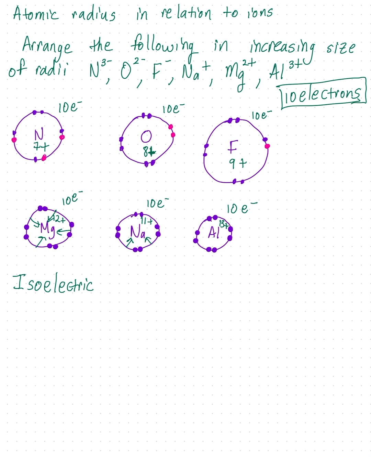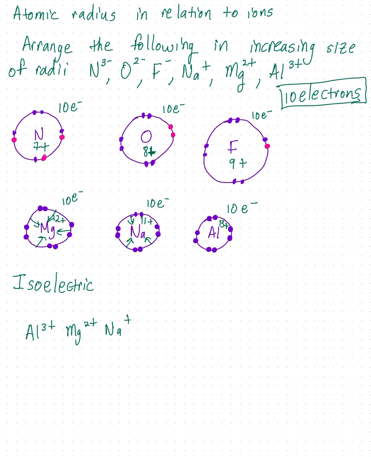So the greater the difference in the charge, the more it's going to be pulled in. So aluminum is going to be the smallest radius. Magnesium is going to be the second smallest. Sodium will be the third smallest.